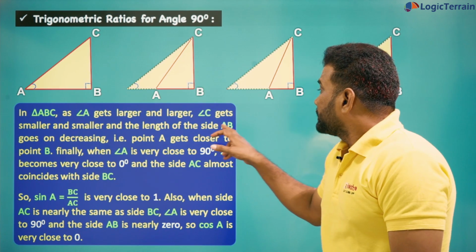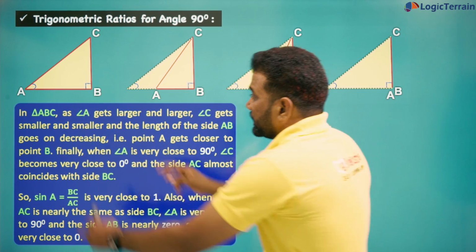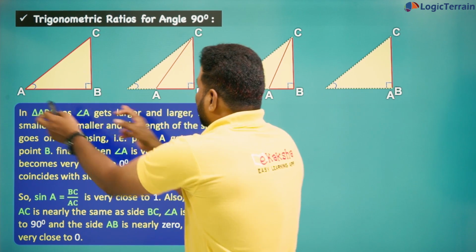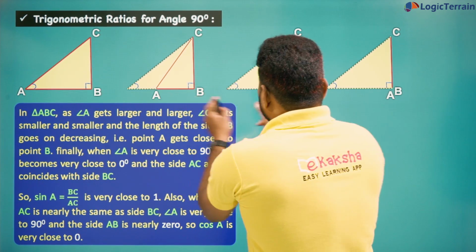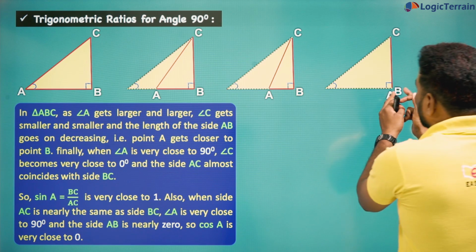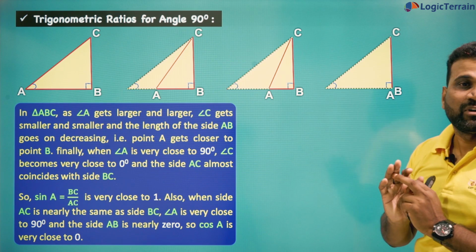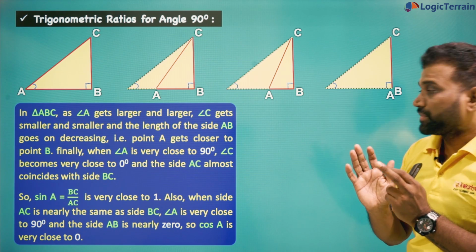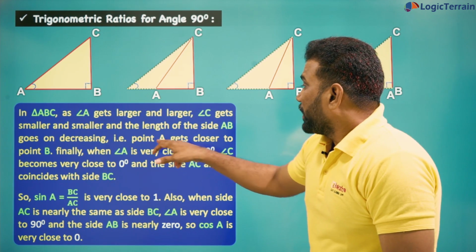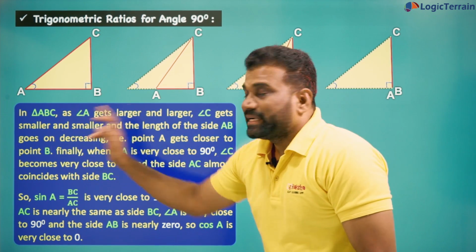And the length of the side AB goes on decreasing. Initially this is the length AB, you can see it decreased, decreased more, almost coinciding with B. That is, point A gets closer to point B.